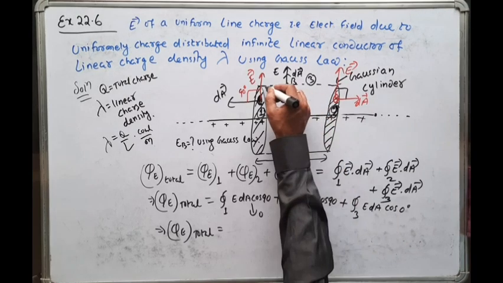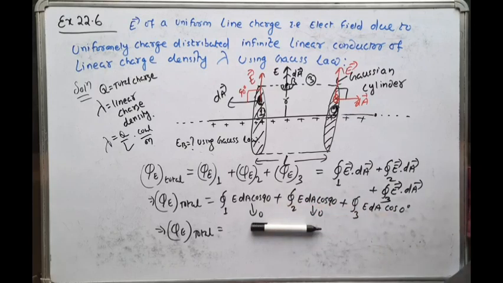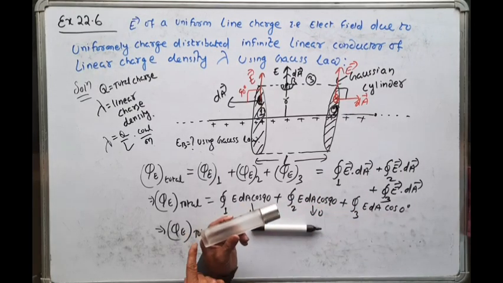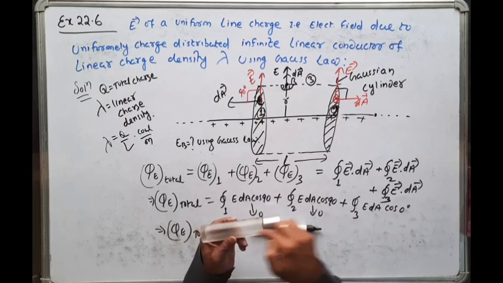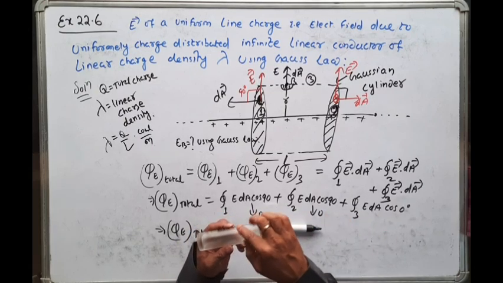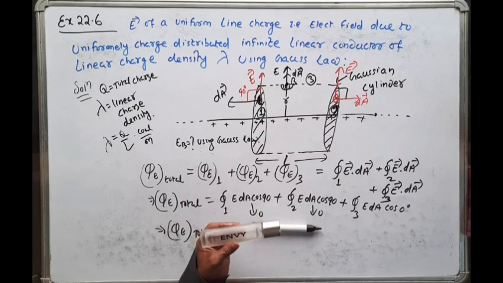You see, if you take every point on the third surface of the cylinder, let us say in the center there is an axial line. From the axial line to each point on the curved surface, the distance is the same.